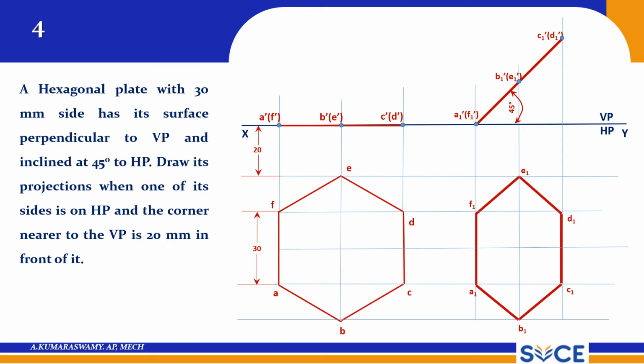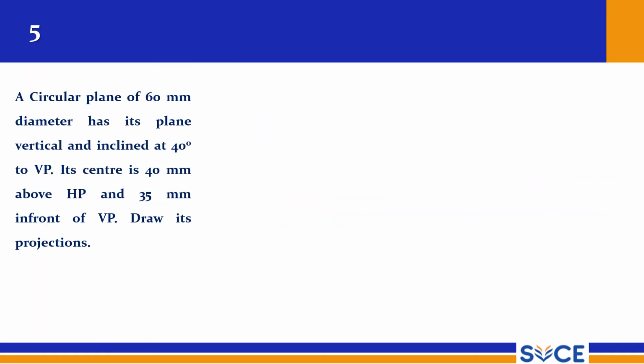So next is a circular plane. It is a circular plane of 60 mm diameter, has its plane vertical and inclined at 40 degrees to VP. Its center is 40 mm above HP and 35 mm in front of VP. Draw its projections. So this is a simple problem, the circular plane.